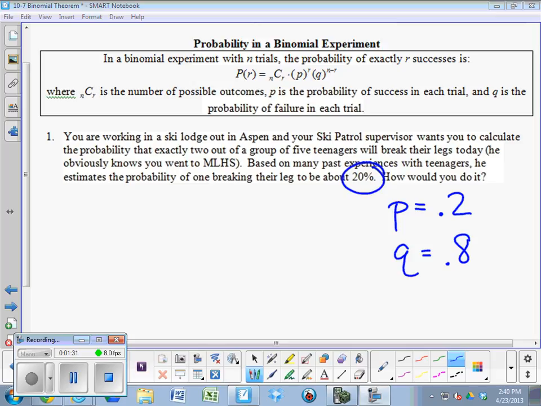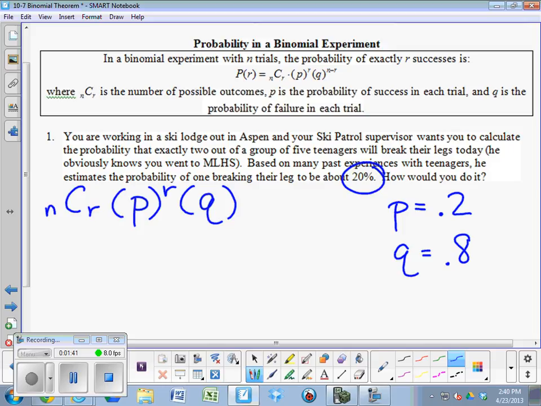So what we do is we incorporate the formula nCr times P to the R times Q to the N minus R, seen above. N is how many people are skiing in this group today? 5. C, R. R is how many of the chosen 5 will break their legs? 2.